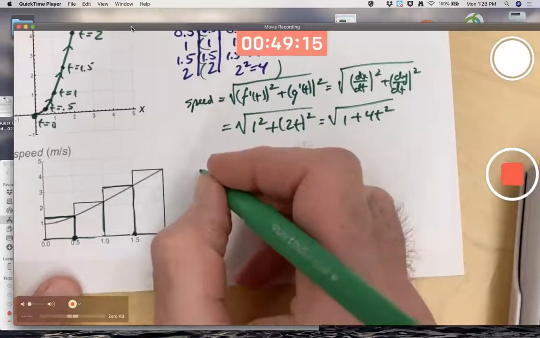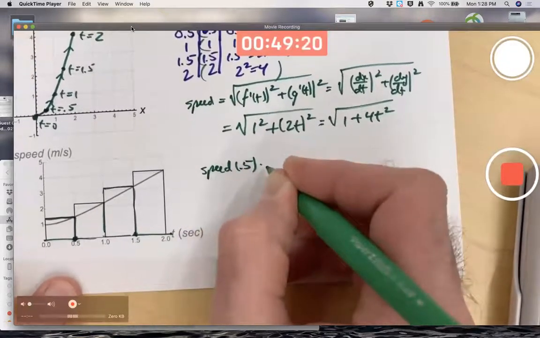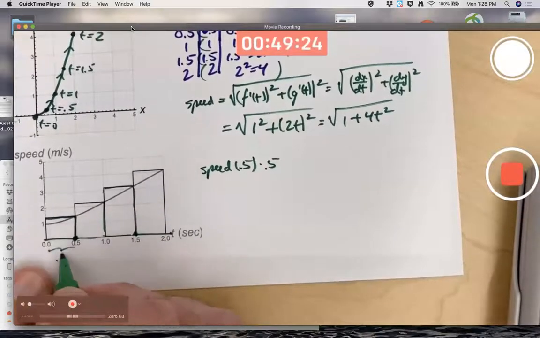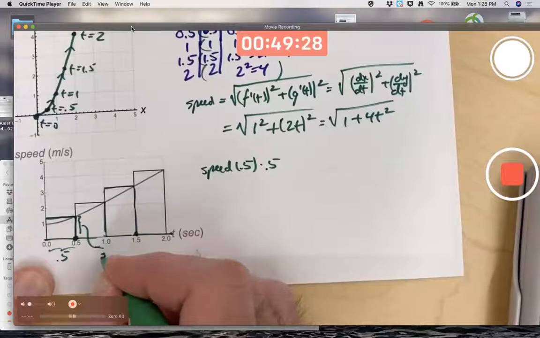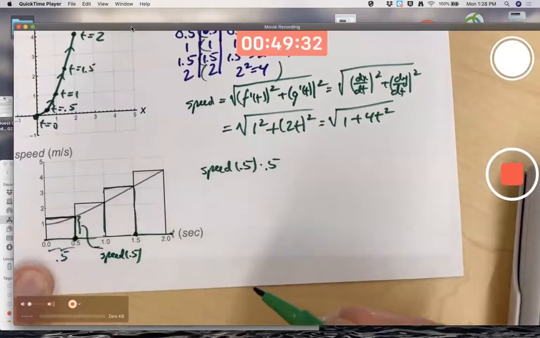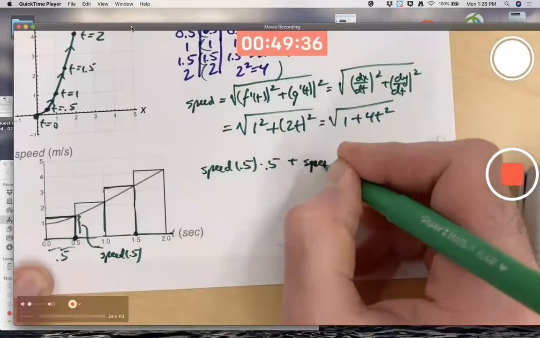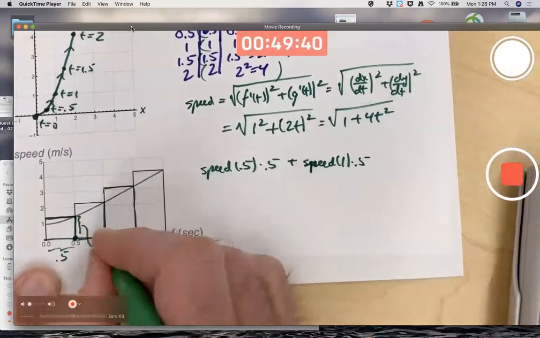Symbolically, it would be best to write these as speed of 0.5 times 0.5. That's the area of the first rectangle. The base is 0.5. The height right here is speed of 0.5, plus speed of 1 times 0.5. That's the area of the second rectangle right here.